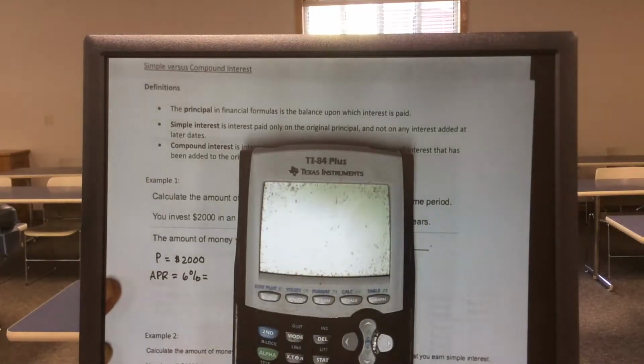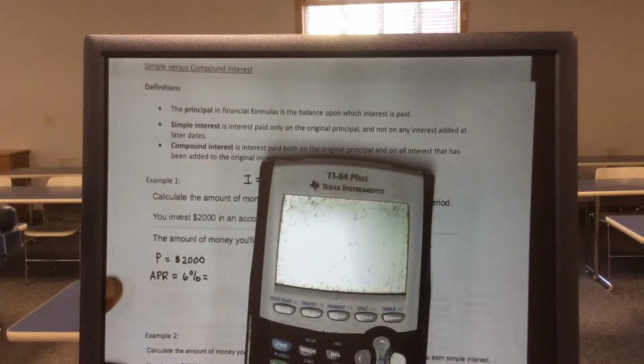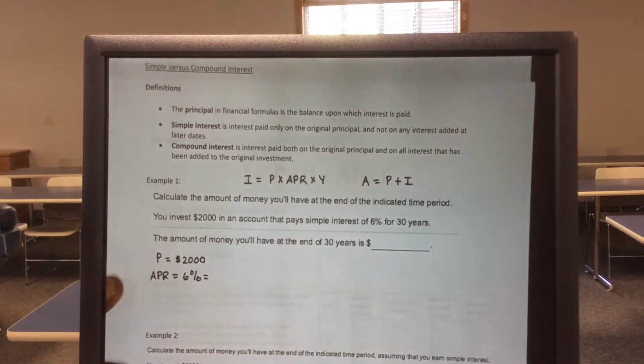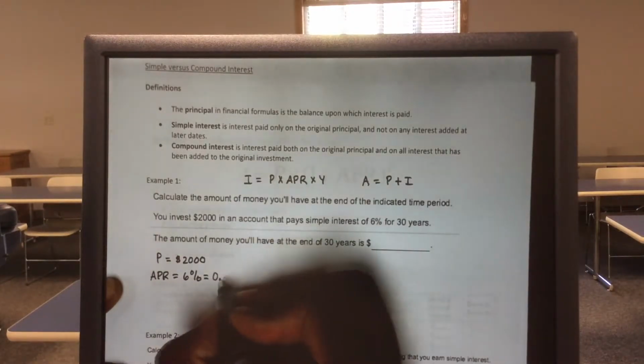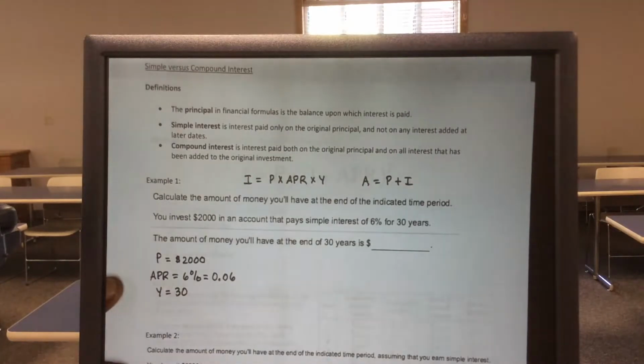Now, on the calculator, you can do this: take 6 divided by 100, and that will give you the decimal of 0.06. Y is the number of years. In this case, it will be 30 years.